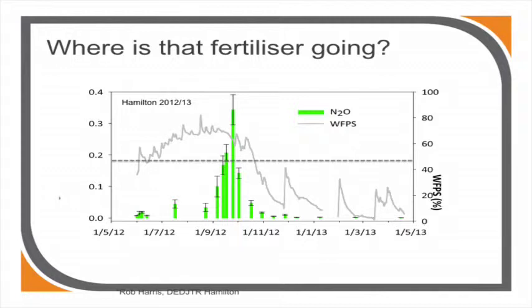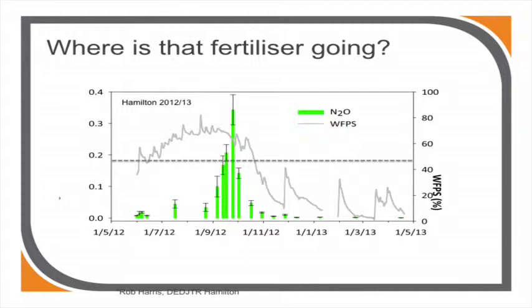So as we're getting up around this sort of 60 to 80% water-filled pore space, we're getting pretty wet conditions. So if we look over the season from April, June, July into August and September, we can see where that soil water conditions are really peaking during the year.